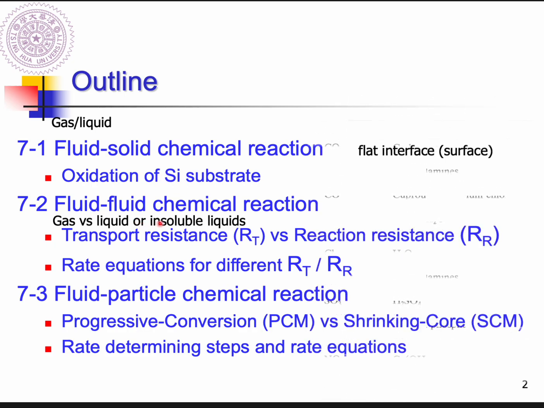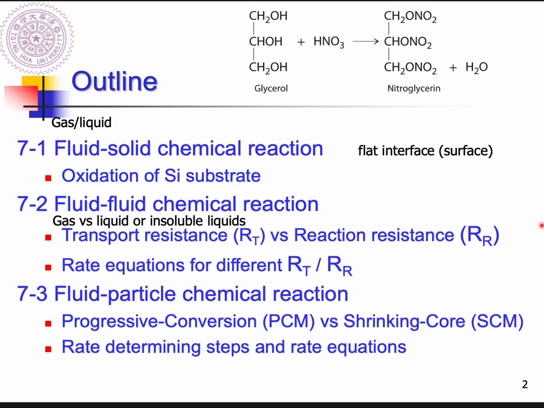Regarding the insoluble liquids, I also want to give you an example, which would be glycerol. If you use glycerol dissolved in nitric acid, then you can get nitroglycerin and water. I'm not sure whether you know what nitroglycerin is.